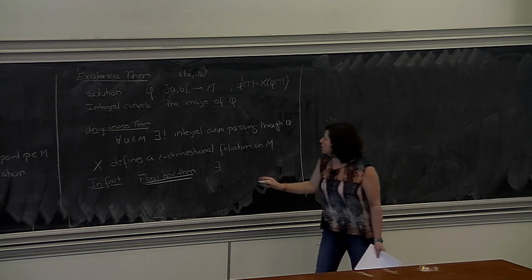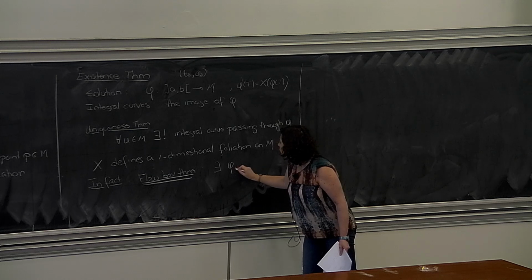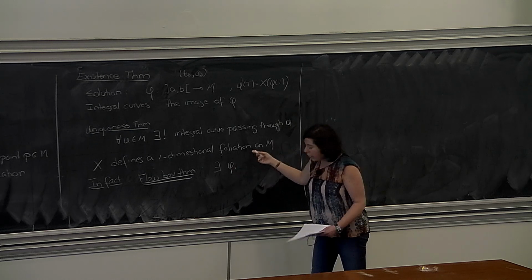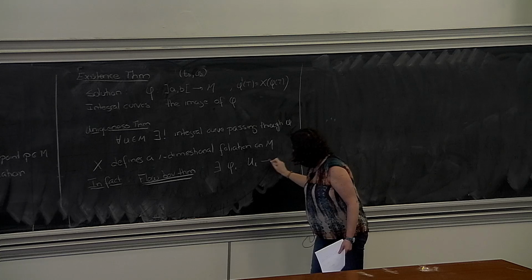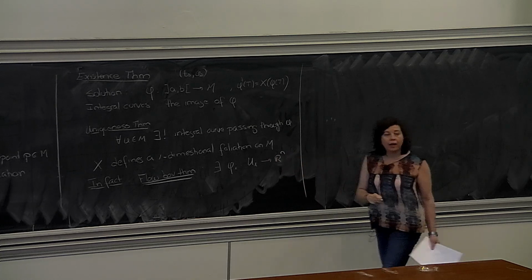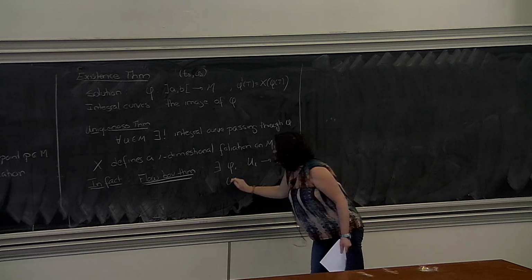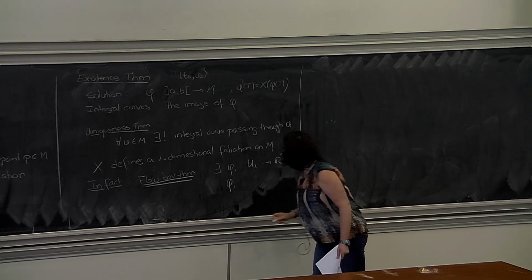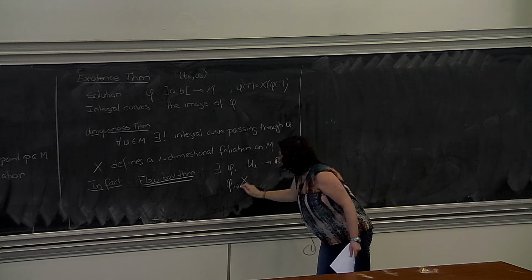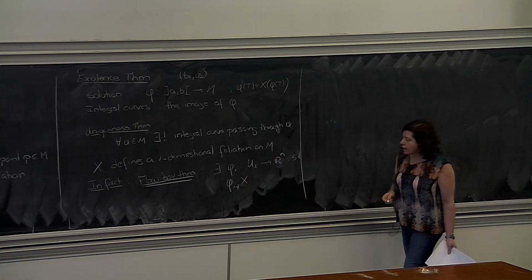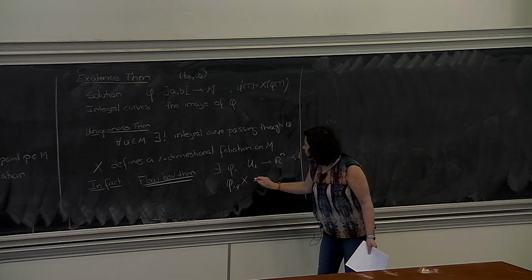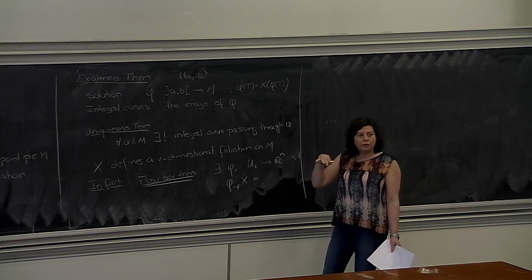There exists a map phi from a neighborhood to an open set of R^m, such that the push forward of the vector field X by phi is a horizontal vector field.